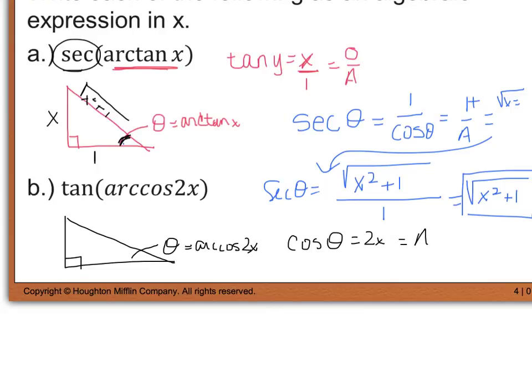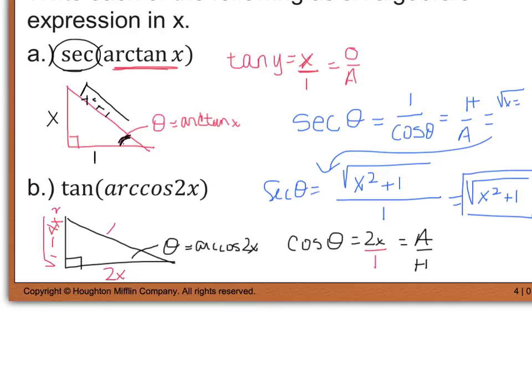Cosine is equal to adjacent over hypotenuse. So when I identify my side lengths of this right triangle, this is really going to be 2x divided by 1. So my adjacent side is 2x. My hypotenuse is 1. And that makes this side length here the square root of 1 minus 4x squared using the Pythagorean theorem.